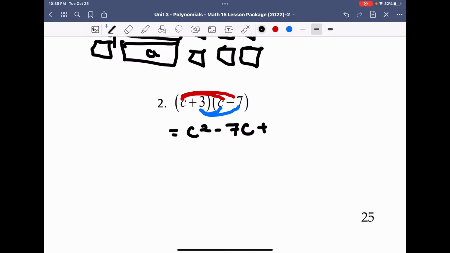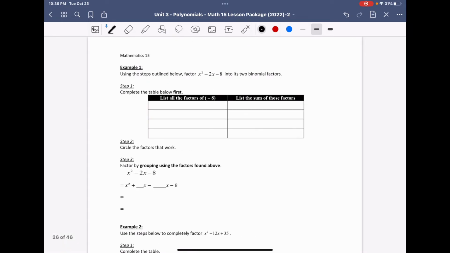This is going to be plus 3c. 3 times the negative 7 is negative 21. And now I just need to collect the like terms. Negative 7c plus 3c is negative 4c. And so now the product of these two binomials is equal to c squared minus 4c minus 21, which is a trinomial. All right, let's flip over the page here.